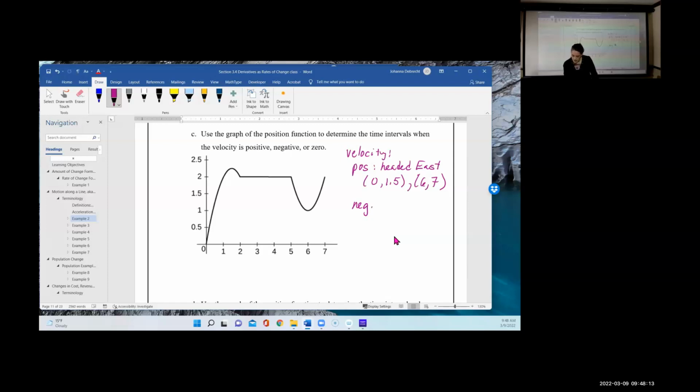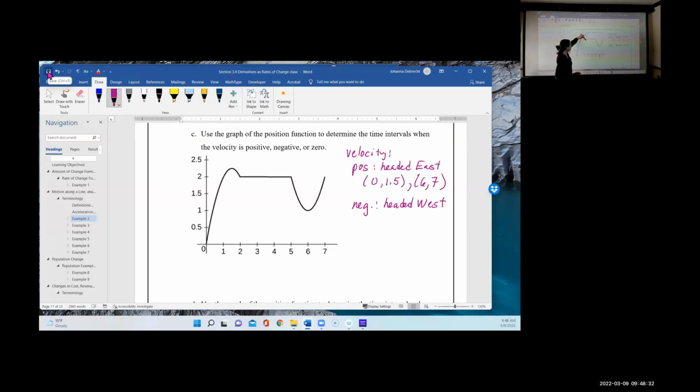When is it negative? If it's negative, it's headed towards the west. It doesn't have to be west of the intersection. It's just headed in the westerly direction. So we're looking for a negative tangent line.